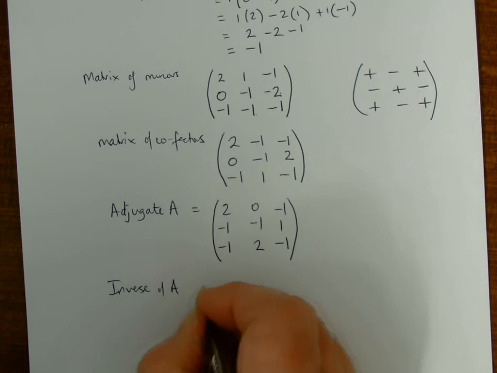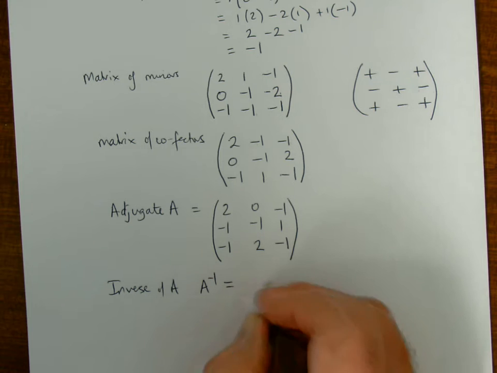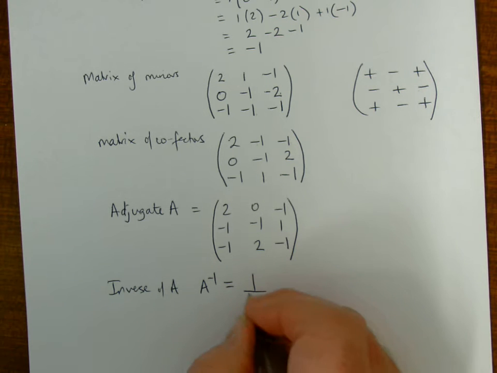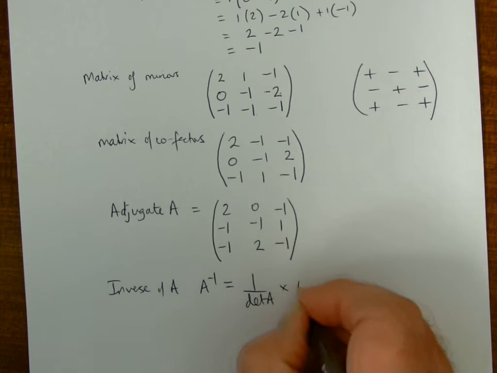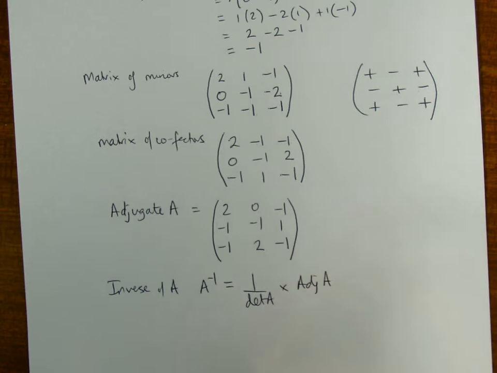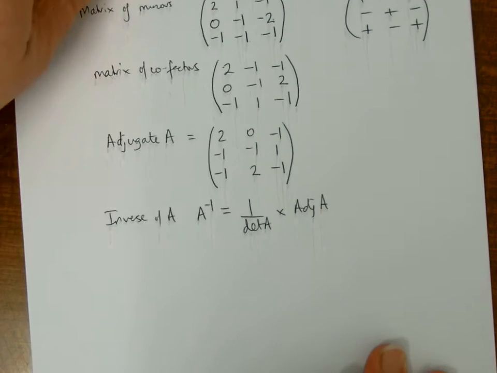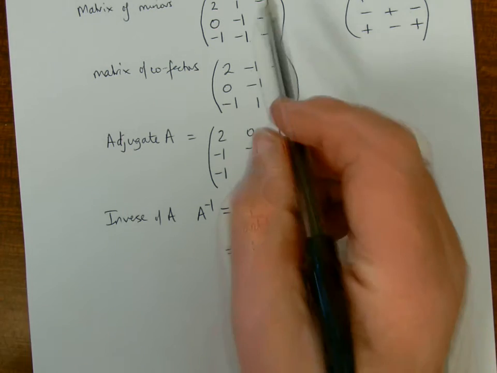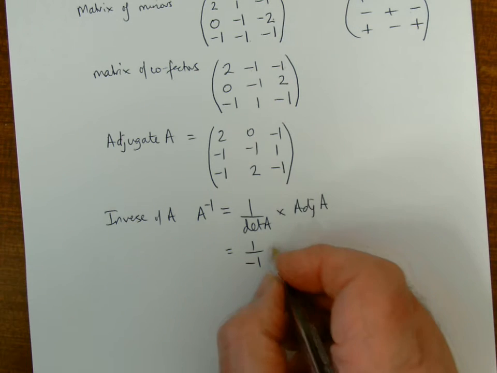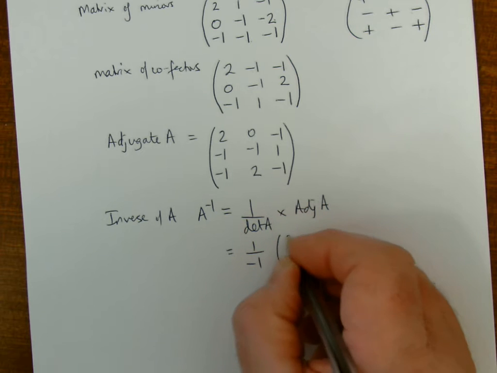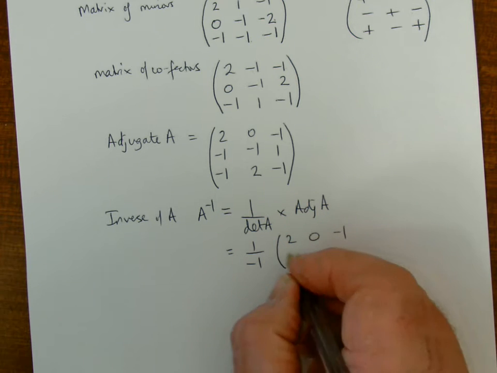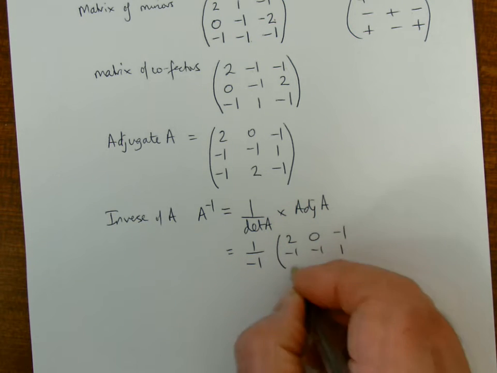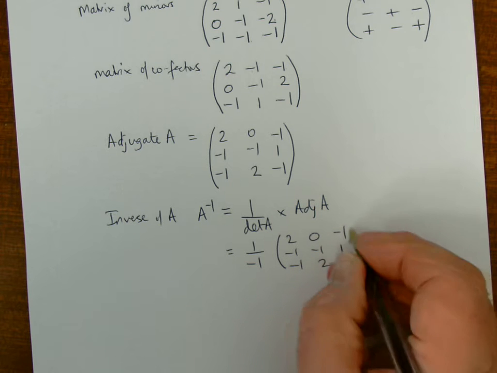And then to find the inverse of A, which I'll write as A to the minus 1, it is 1 over the determinant of A times the adjugate. So this is 1 over minus 1, since the determinant of A was minus 1, multiplied by the adjugate matrix.